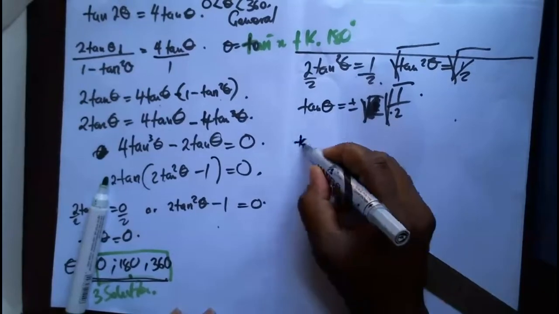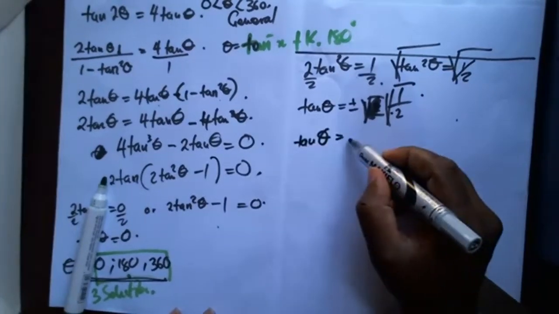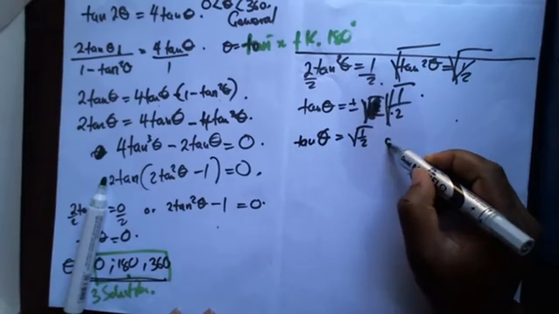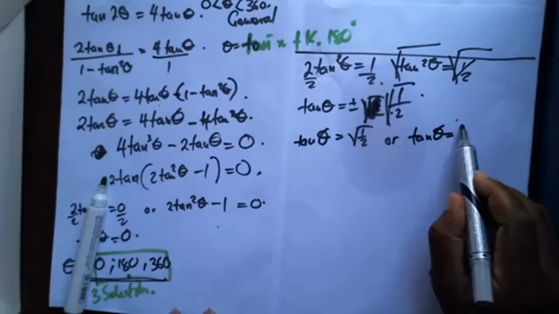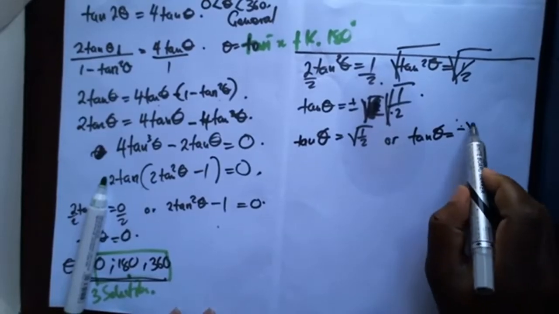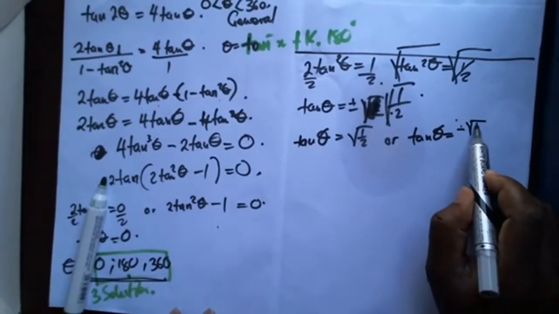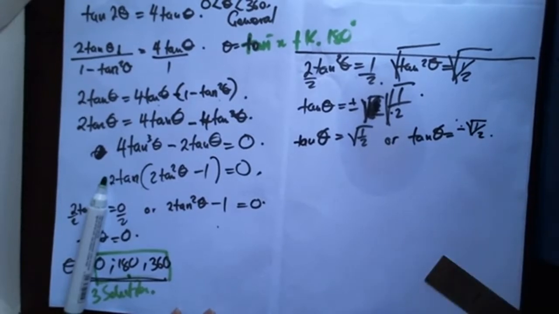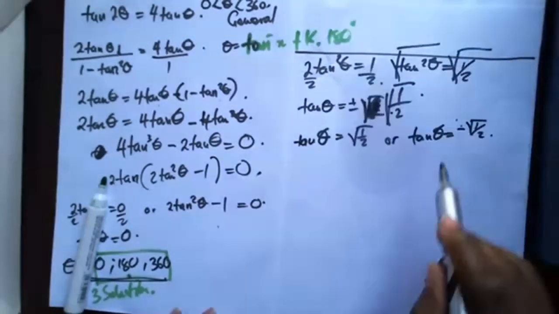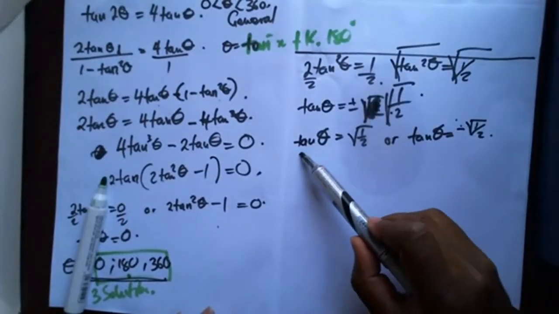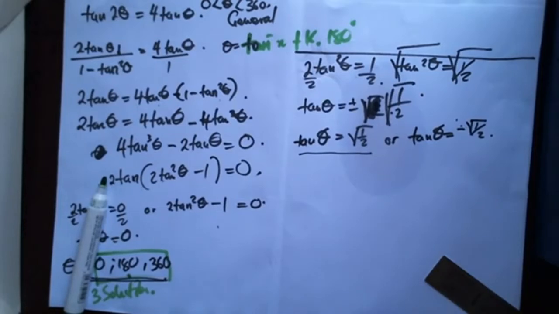So tan theta is equal to the square root of 1 over 2, or tan theta is equal to minus the square root of 1 over 2. So you see, I have 2 separate cases because I have squared. If you just get this one, you will not exhaust all the solutions. So you must get all the solutions.